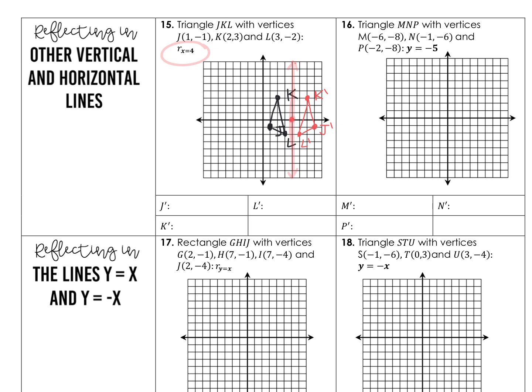So we're graphing M, N, and P, so another triangle. Okay, so now there's a skinny little triangle here, kind of at the bottom like that.